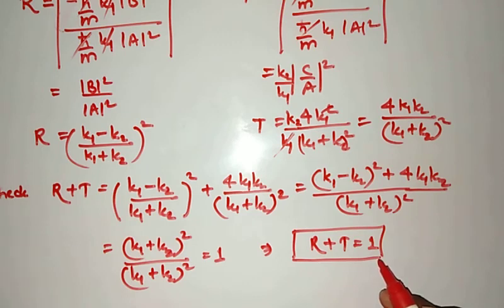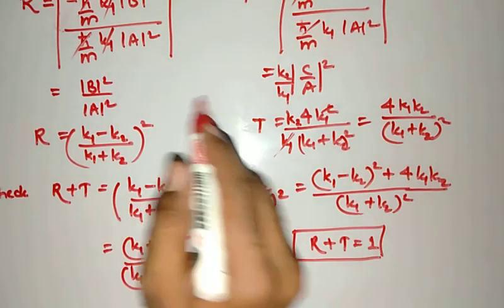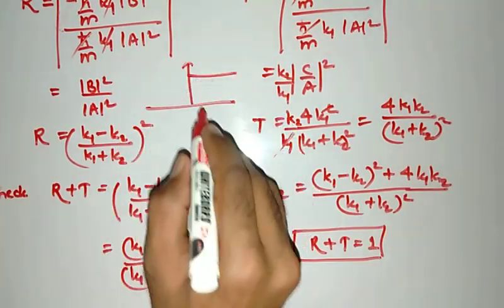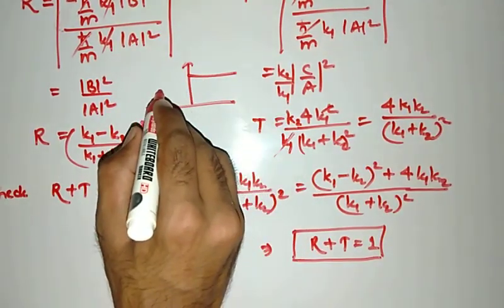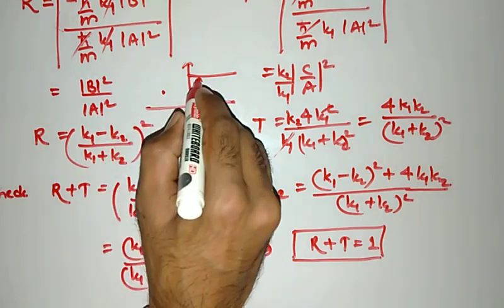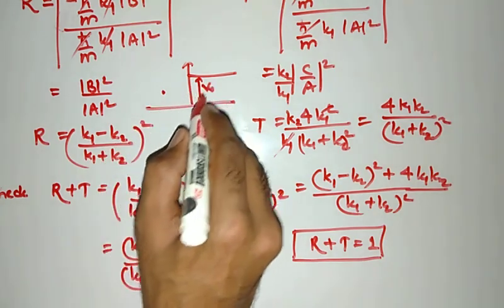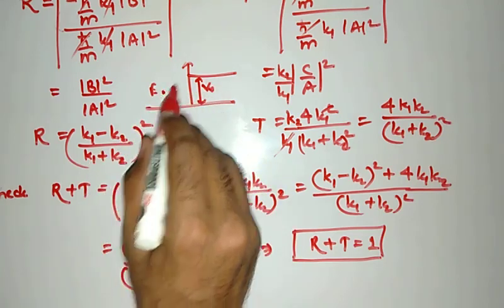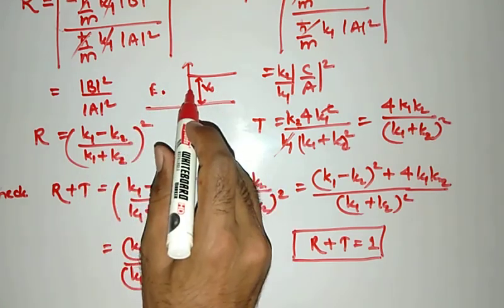Now further, what is important to notice here is that in classical mechanics, when a particle is incident on a potential step with energy E greater than V naught, the particle will transmit into the second region, and there will be no reflectance.